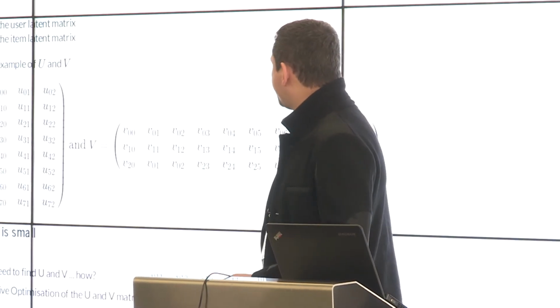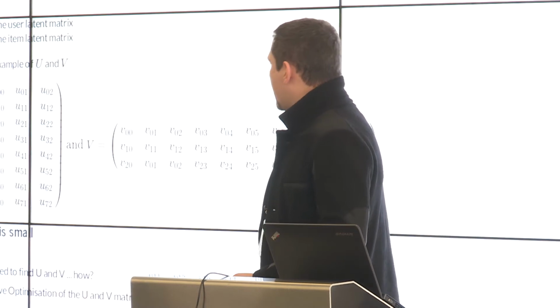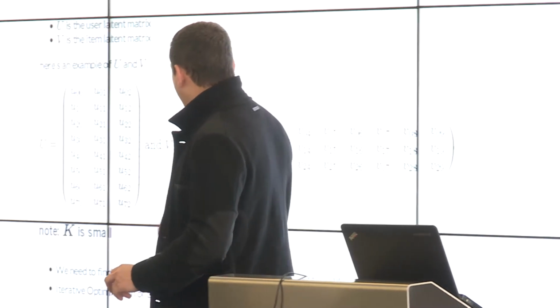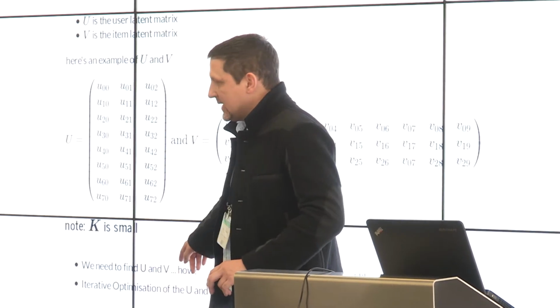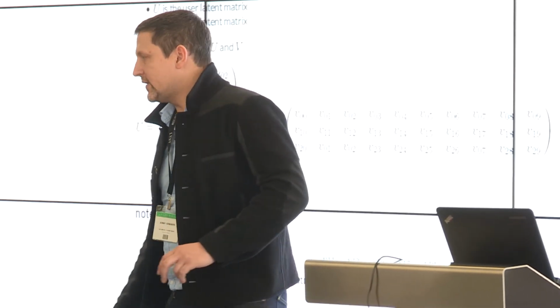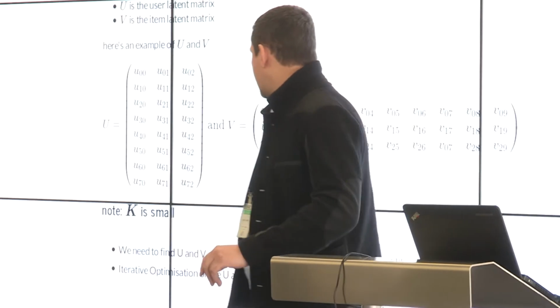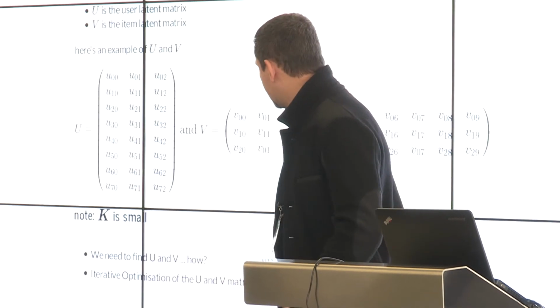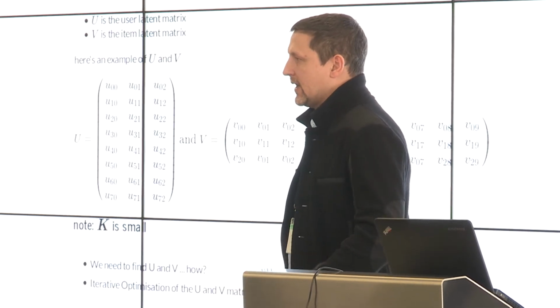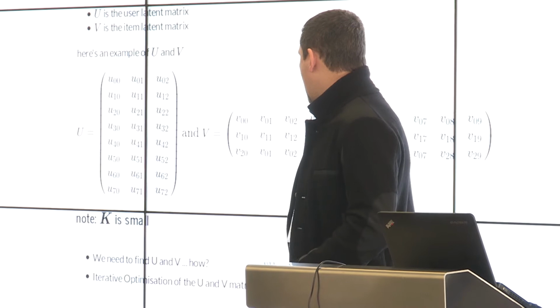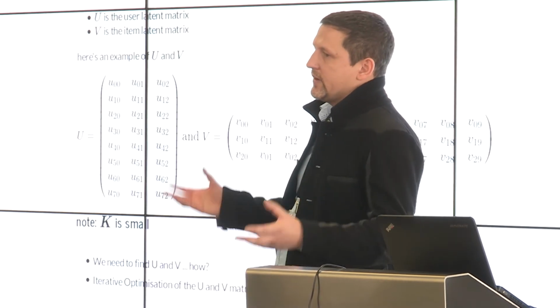So how do we find U and V, and then what do we do once we've got that? Well, there are several techniques. They're all optimization based or sampling based. And a lot of them, like I say, are implemented in nimfa. And it's an iterative optimization problem. We try to optimize.